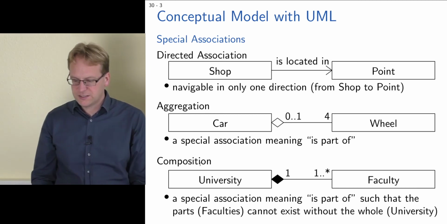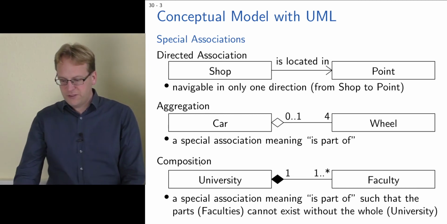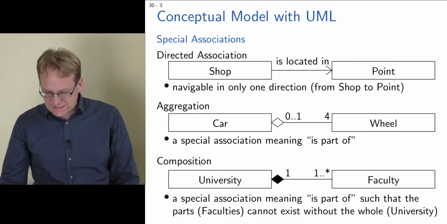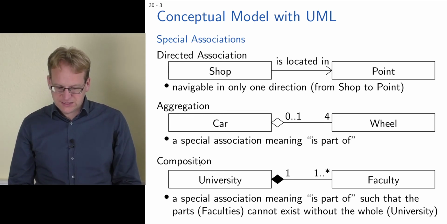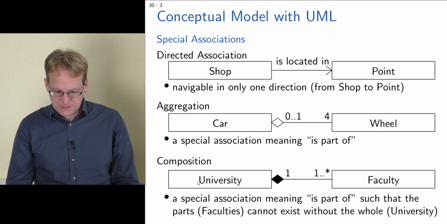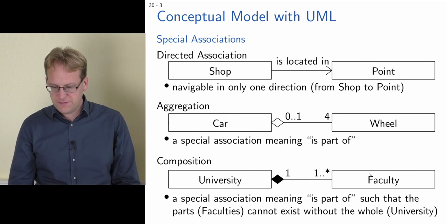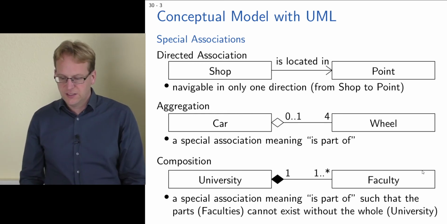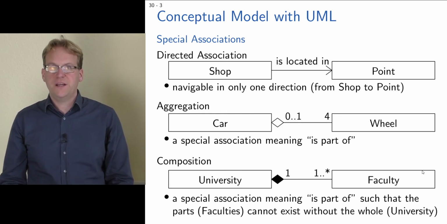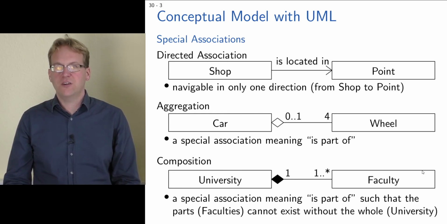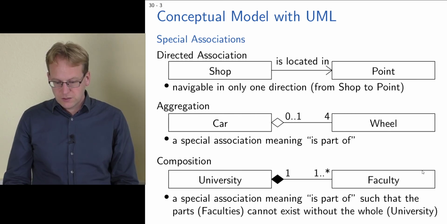That is really not that obvious here, but the idea is simply that this university is actually necessary for the faculty to exist. So this part, the faculty, cannot exist alone. The faculty needs a university, otherwise it cannot exist. So that is expressed with composition.